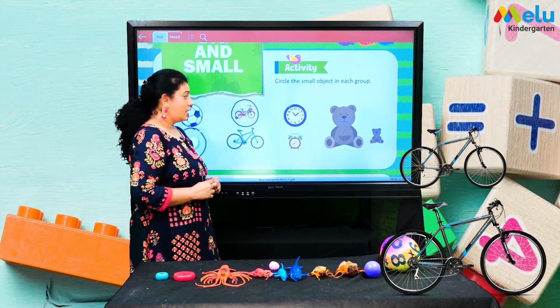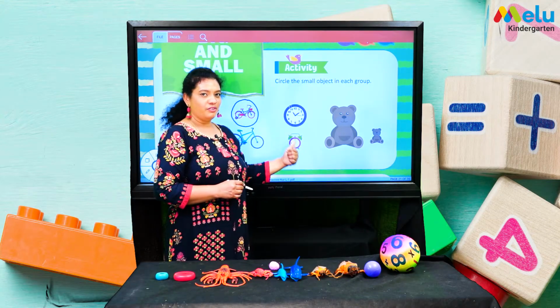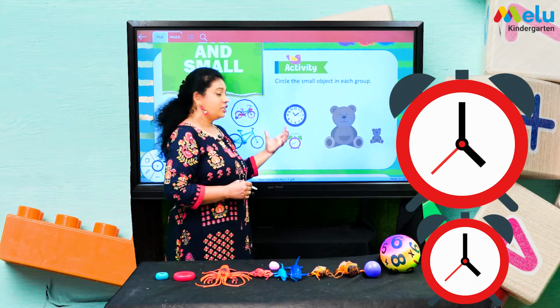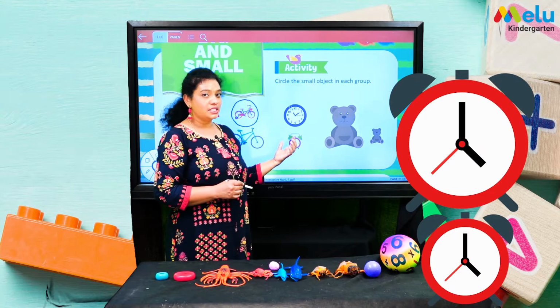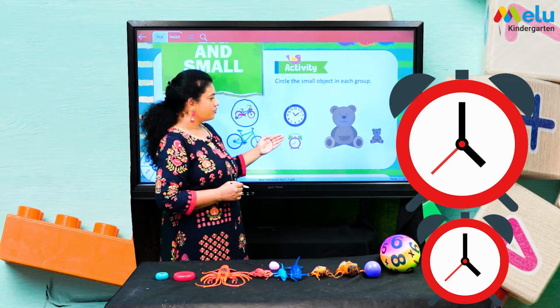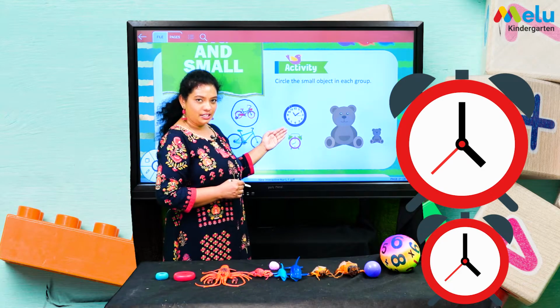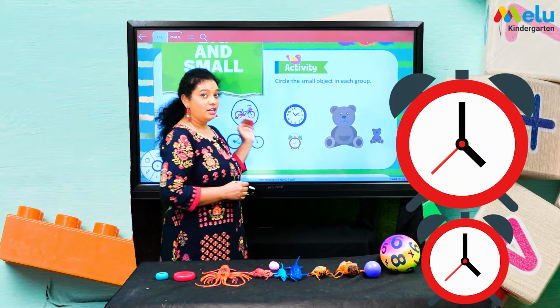Right, children? And we'll move on to the next group, which is a clock group. We have 2 clocks and we need to compare the size of the clock and tell which is small. So when you compare these 2 clocks, they are not same in size, right? One is big and one is small. Which one is small?